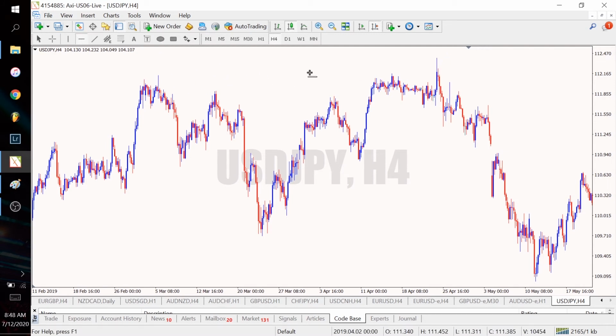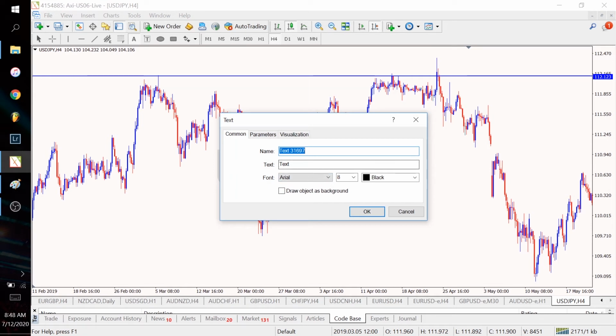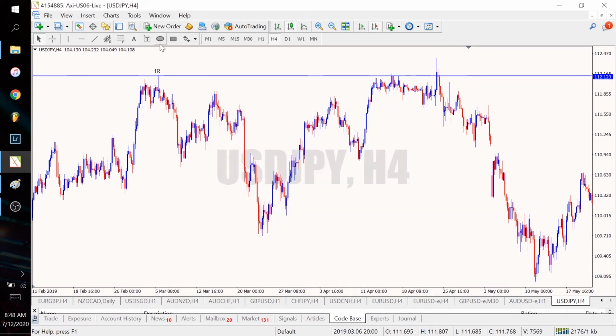So let's first mark out the QM level. So I guess somewhere here, this is a very beautiful 2R setup. So we have the 1R, and after that we have the 2R.